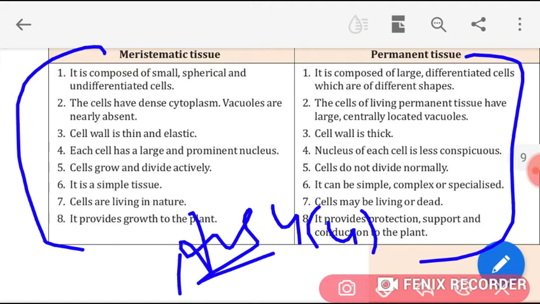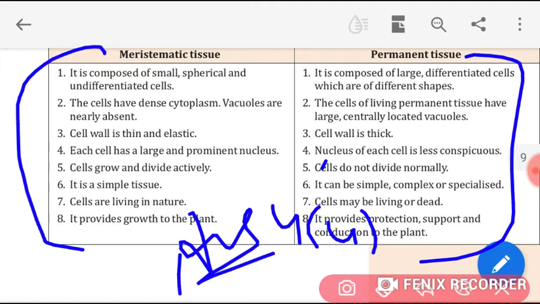In meristematic tissues, cell wall is thin and elastic, while here cell wall is thick. In meristematic, each cell has a large and prominent nucleus, while in permanent tissues, nucleus of each cell is less conspicuous. Then cells grow and divide actively in meristematic tissues, while cells do not divide normally in permanent tissues.